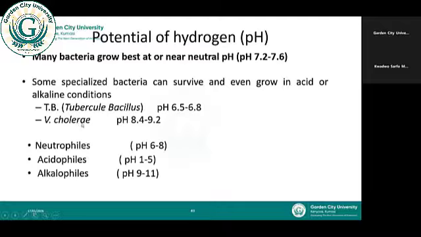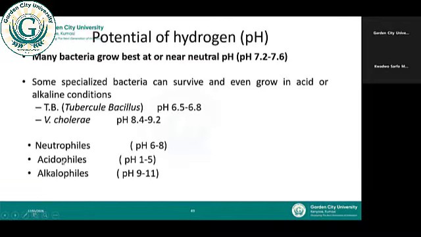Vibrio cholerae, the one that causes cholera, also prefers a slightly alkaline condition. So if you culture it in an acidic medium, the growth rate will not be optimal. Based on the pH requirement, we can classify microorganisms as neutrophiles or neutrophilic, those that grow around the neutral, around 7, so 6 to 8.